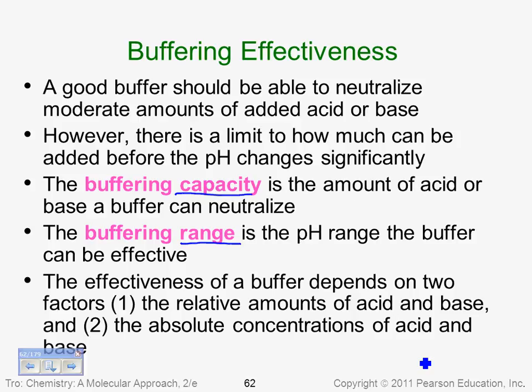But if you remember, every time you add the hydroxide, it was reacting with the acid form of that buffer system and changing it into the base form of that buffer system. Right? That's what the base was doing. If you add hydroxide, it's going to react with the acetic acid, in an acetic acid buffer, or hydrofluoric acid, in a hydrofluoric acid buffer.